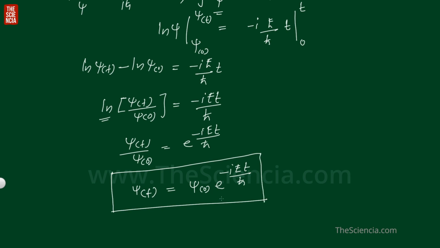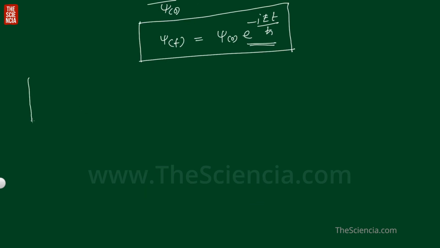That is, to find out the wave function at time t, what do you have to do? We have to multiply it with the exponential term, that is e raised to minus i E t by h cross. We know for a particle in a box, it will have different wave functions. These are called ψ1, ψ2, ψ3, etc. ψn, and there will be corresponding energies E1, E2, E3, etc. En.